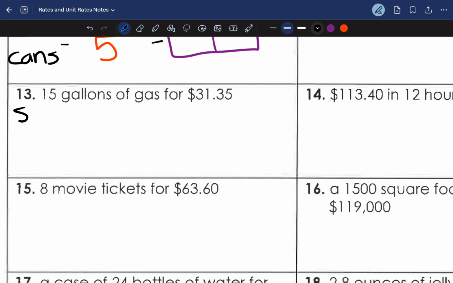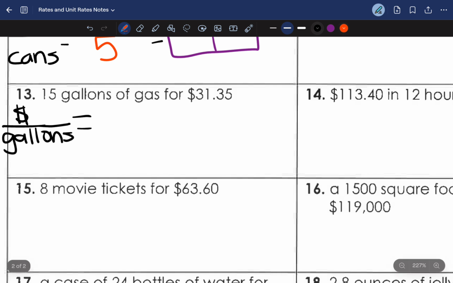So we're going to write in words. So we have price over gallons. Those are the two quantities, different units, whatever you want to call it. So those are the words, and then we're going to look at the numbers that are associated. So we're going to put 31.35 on the top.